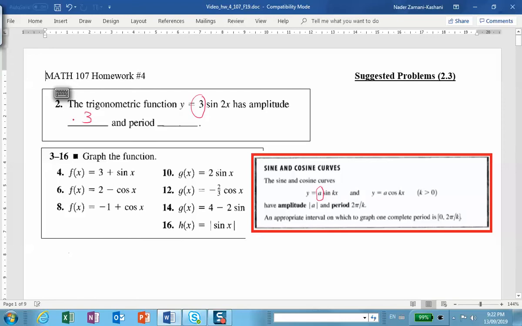This value k is 2, so the period is 2 pi over k, which means 2 pi over 2, which is pi. The period is pi.